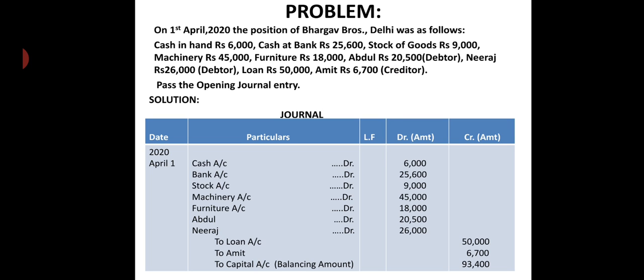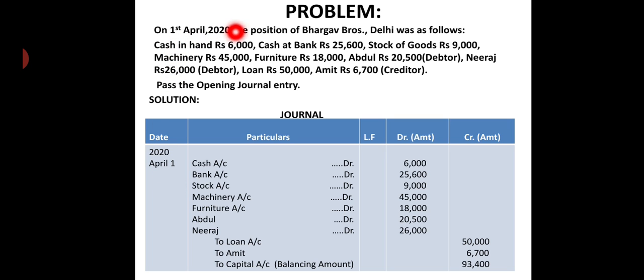So here what you have to do is first of all prepare a box. At the top you can write down journal, then date, particulars, ledger folio, debit and credit. Write down the year 2020. It is given in the question. 1st April. That also you can write over here.